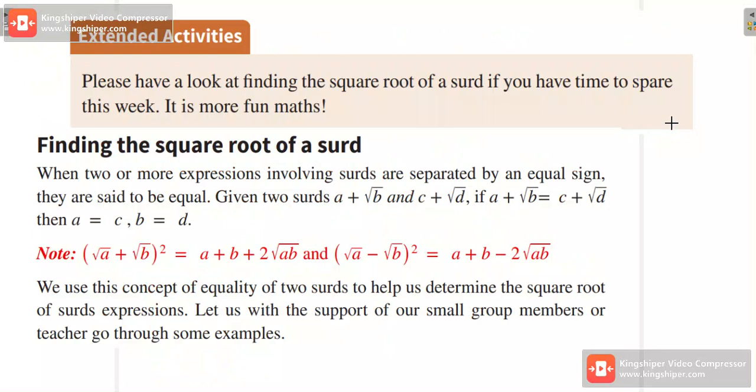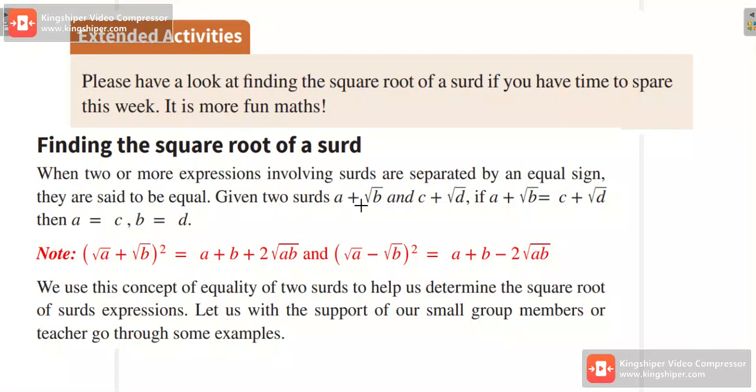Now let's move on to our last concept for the day, which has to do with finding the square root of a set. When two or more expressions involving sets are separated by an equal sign, they are said to be equal.